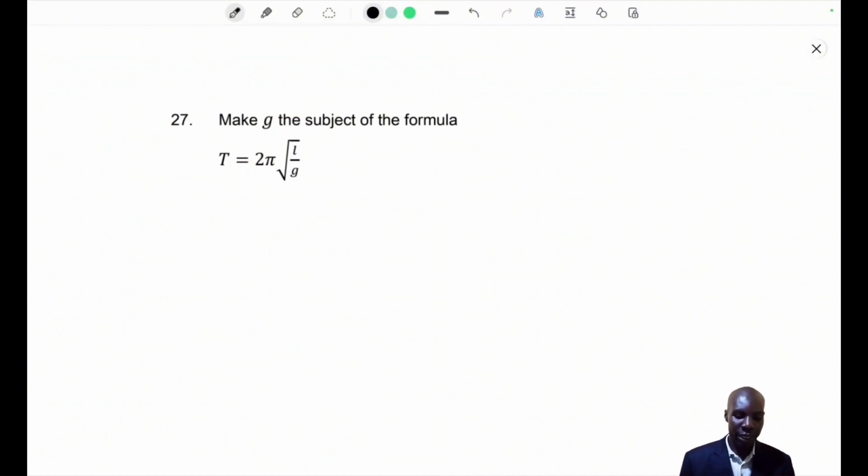Number 27. Make G the subject of the formula.